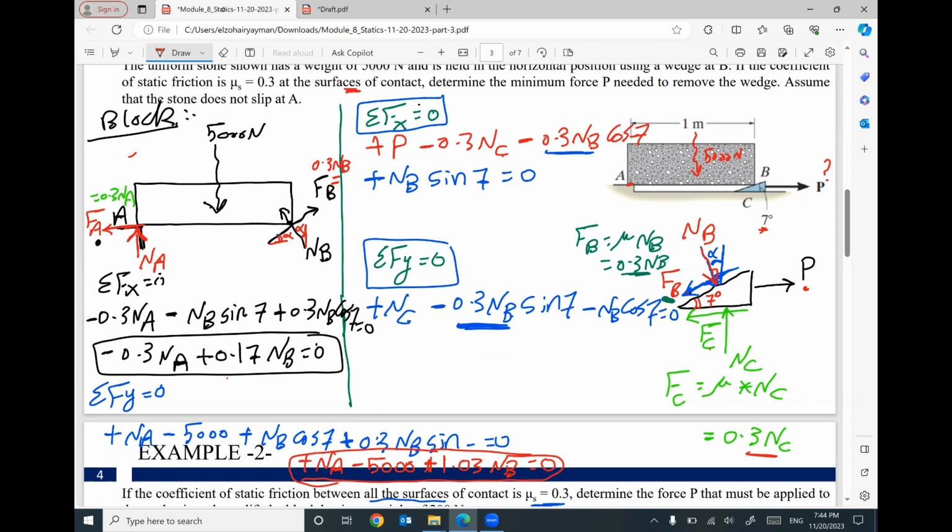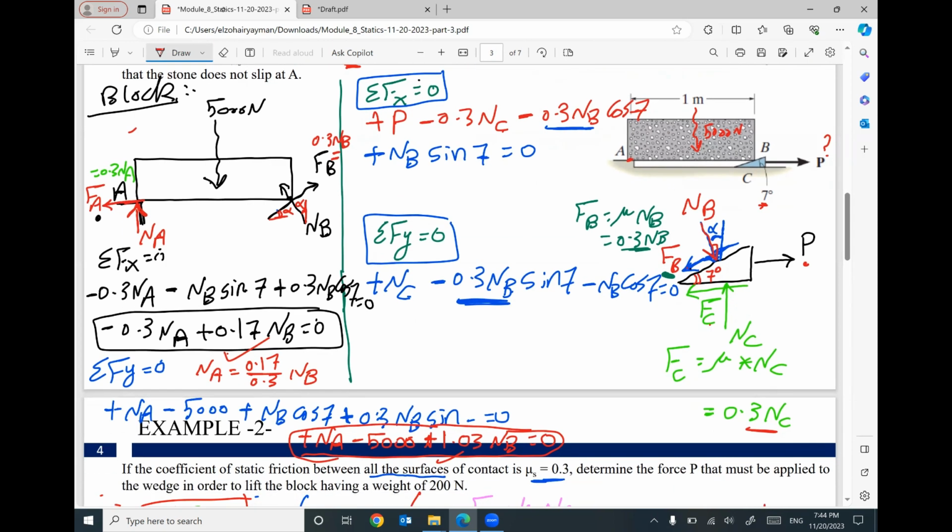So I have two equations in two unknowns, this one and this one. I can solve them together. So from this equation, I can say NA will be 0.17 divided by 0.3 NB. Go back here and put the value of NA with this value, you can find the value of NB. That makes sense?